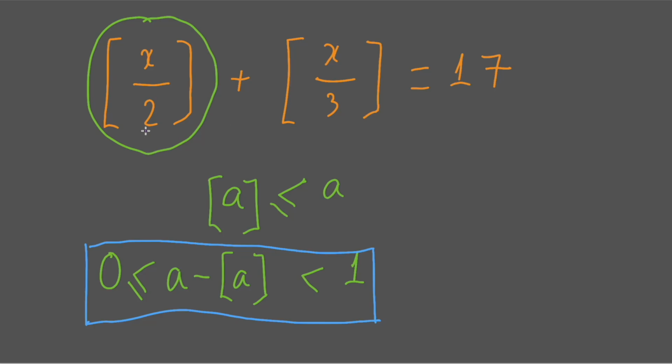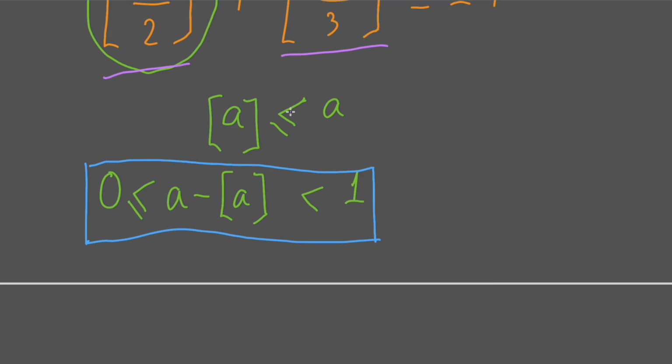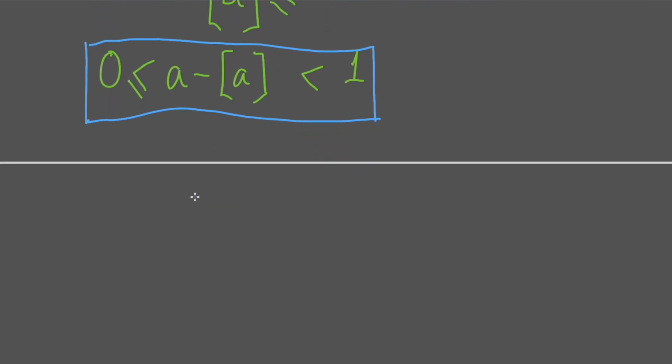And in this problem, how can we apply this kind of property? We can divide it into every part of the brackets. For example, in this equation, we have two bracket expressions, x over 2 and x over 3. We will use them one by one.